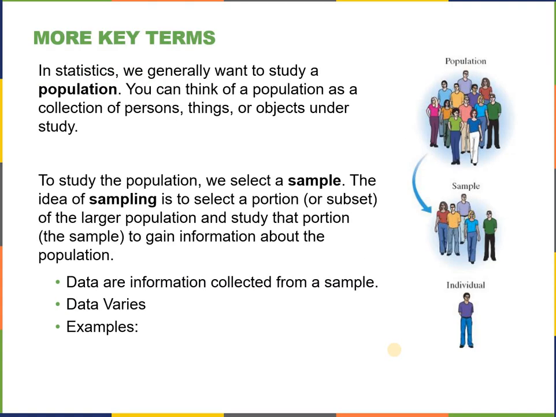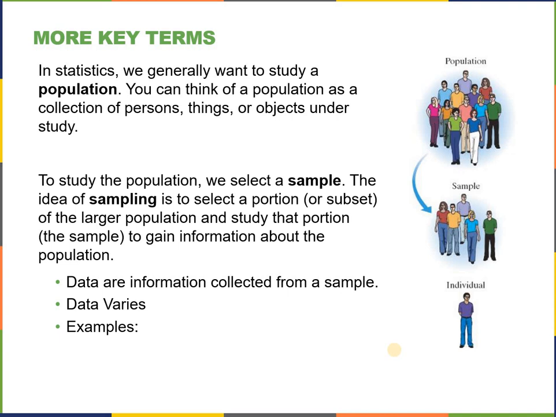Some of the key terms that you need to understand in statistics are population. So when we say a population, we will be generally discussing the collection of people, things, or objects under specific study. Population doesn't always mean people. It could be a collection of things, a collection of species.